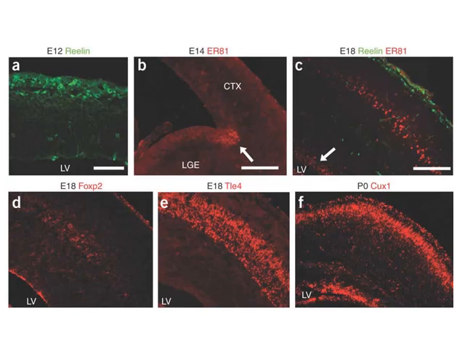Then you can see ER81 that is expressed mainly by a subset of layer 5 neurons, FOXP2 that is expressed by layer 6 neurons, TLE4 that is expressed by layer 5 and layer 6 neurons, and COX1 that is highly and specifically expressed by upper layer neurons 2, 3 and 4.